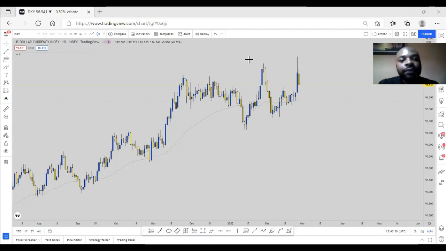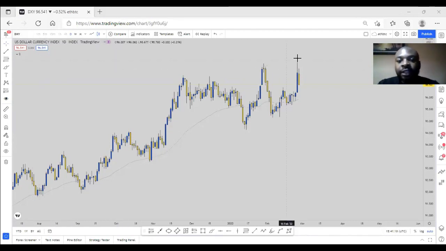But for this class, we'll be looking at the JPY yen basket specifically.